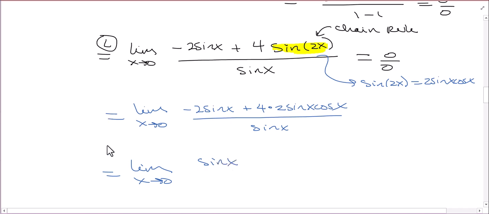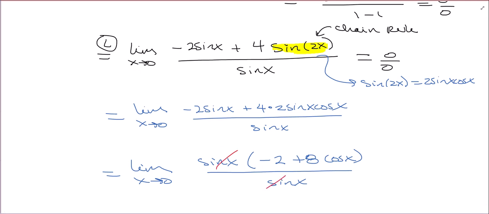And again, notice I have not put the L on top because I am not doing L'Hopital's rule. I am just simplifying, doing some algebra. So I'm going to have minus 2 plus 8, 4 times 2 is 8 cosine x over sine x, which then gives me, those cancel. And now when I plug in 0, cosine of 0 is 1, so I have minus 2 plus 8 times 1, which is 8, and so that is 6.